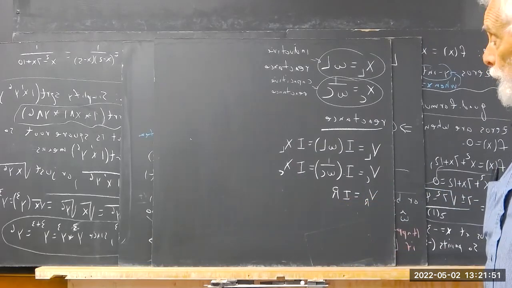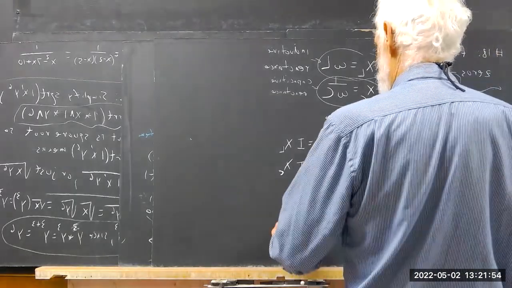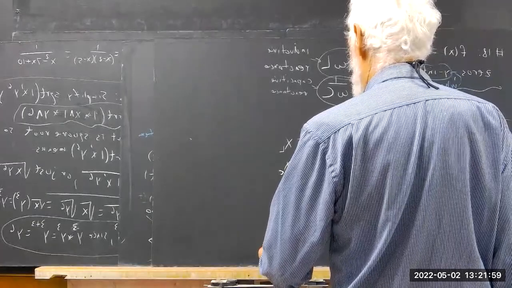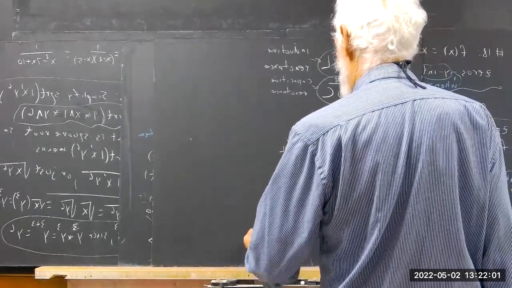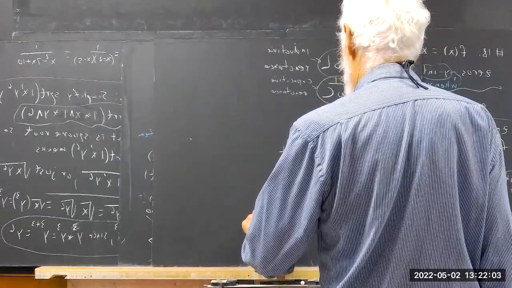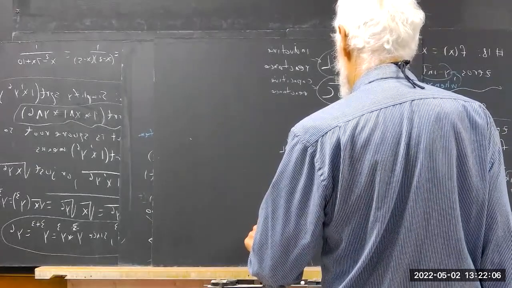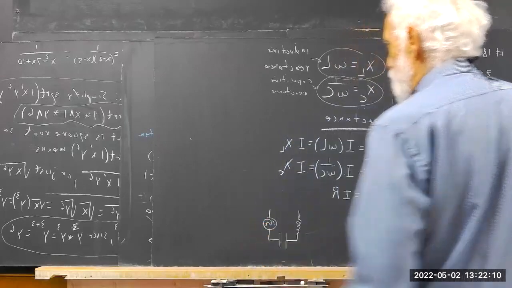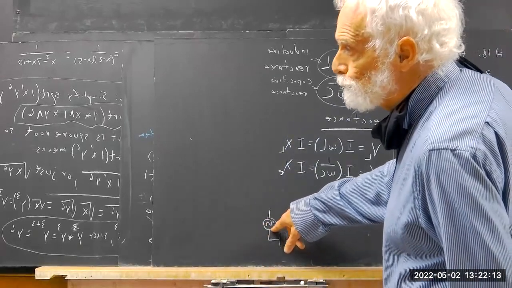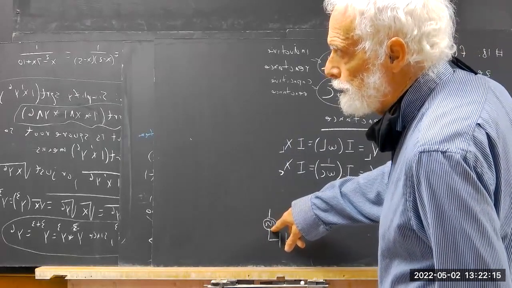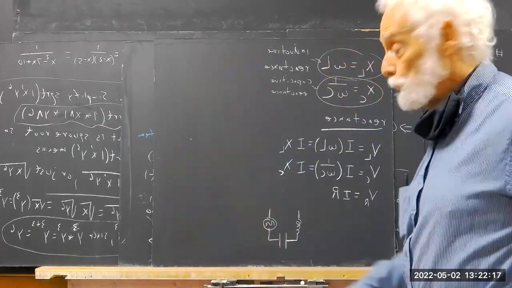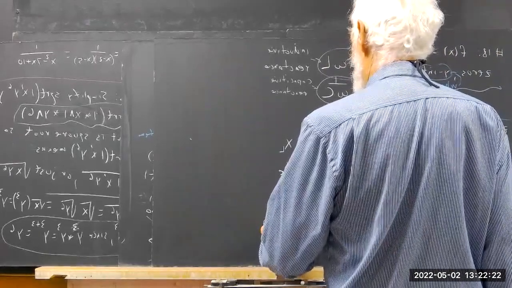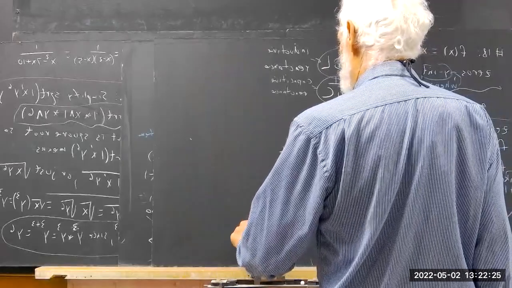Now, if we have a circuit consisting of an inductor and a capacitor and some kind of a voltage source, this is how we indicate a periodic voltage source, and a resistor.